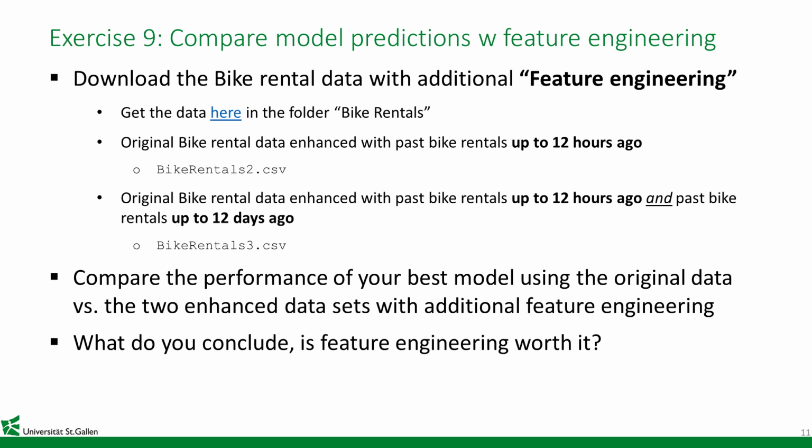Now in this last exercise 9, we want to investigate the added benefit of conducting feature engineering. To do this, we already prepared 2 datasets for you. In one of the datasets, bike rentals 2.csv, we added past bike rentals up to 12 hours ago.